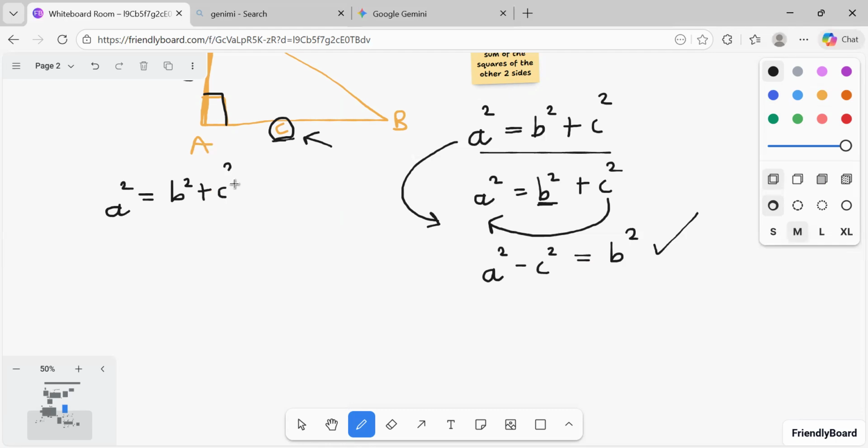Then I make the side I'm trying to find the subject of the formula, which is C. I take B squared to the other side, so that on the left side I have A squared minus B squared is equal to C squared. This becomes the formula I will use to find C.